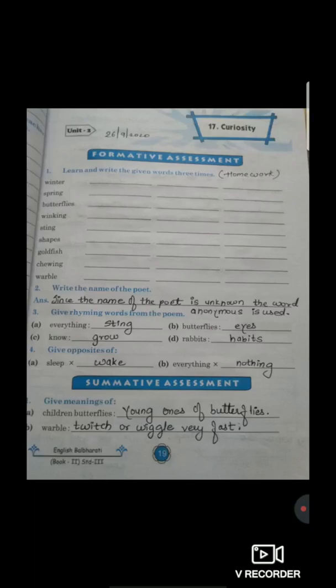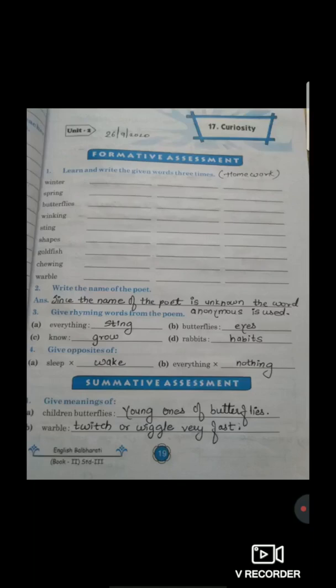Winter, spring, butterflies, winking, sting, shapes, goldfish, chewing, verbal. So students, we have completed question number 1. Now move to the next question.